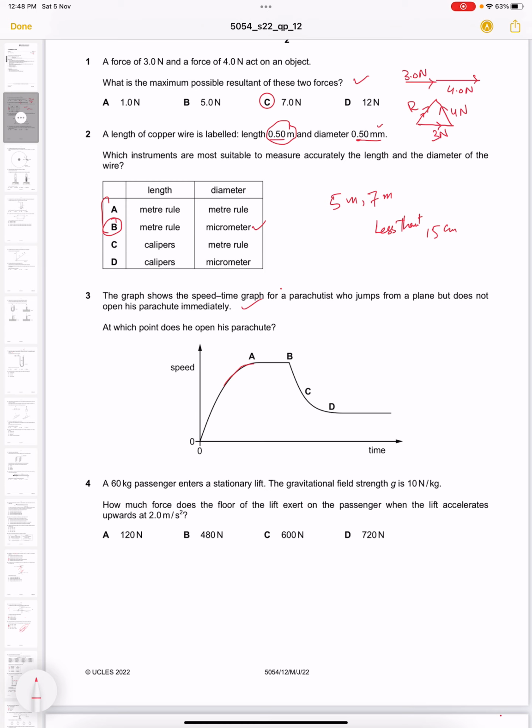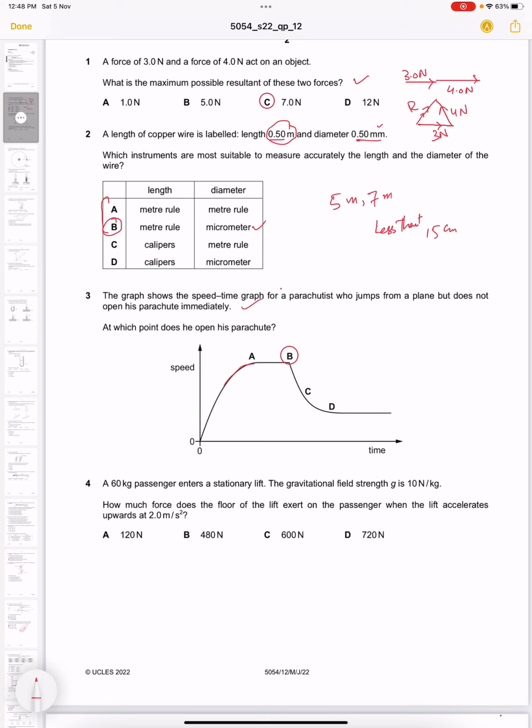But now they ask, at what point does he open his parachute? Whenever he opens the parachute, his speed will be slowed down and he will decelerate at once. So the point where he is decelerating suddenly is option B. That's the correct option: he opens the parachute at point B.